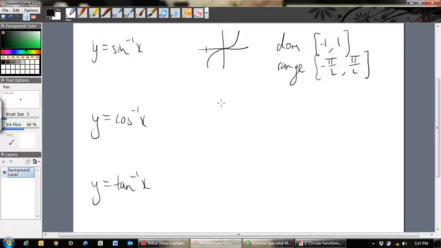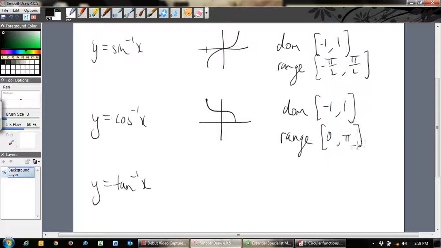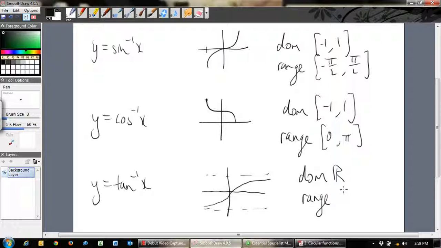Cos -1 x starts there and goes up and across like that. It has the same domain as sine, and the range starts at 0 and goes up to pi. Tan -1 x looks like this and goes up across like that. It has a domain of all of R, and its range is negative pi on 2 to pi on 2, not inclusive.